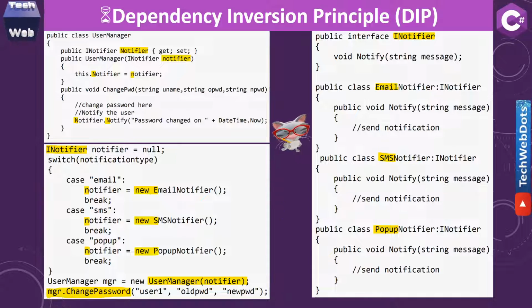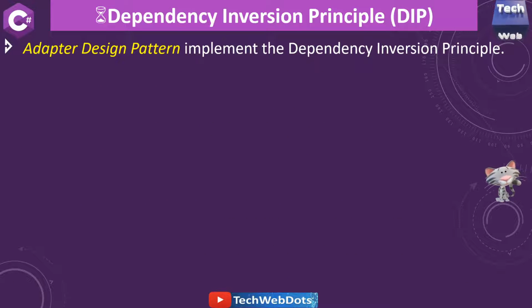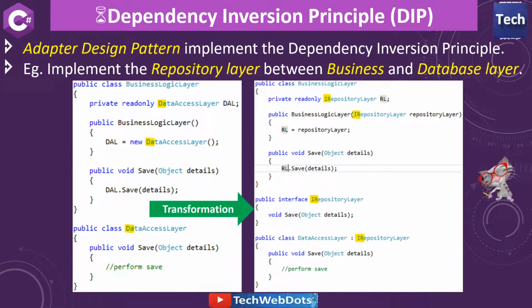If you have any question in this, you can drop me into the comment section. This is one of the ways to satisfy the dependency inversion principle; there can be other ways. One of them I showcased in my previous consolidated video. Also, the adapter design pattern implements the dependency inversion principle, and the link for that one you will get in the description of this video. Implementing a repository layer between the business and database layer can also be a dependency inversion principle example.